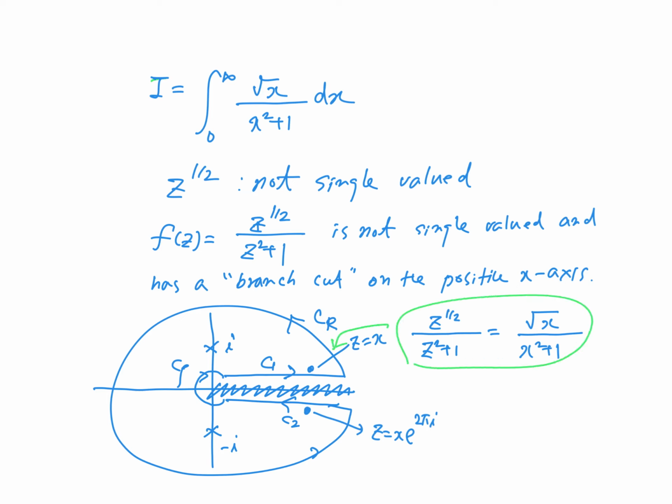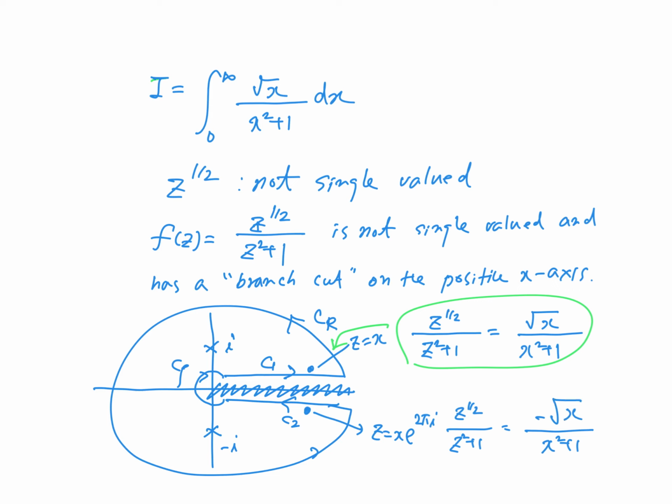On the other hand, below the branch cut, it has x squared plus 1 but minus square root of x.